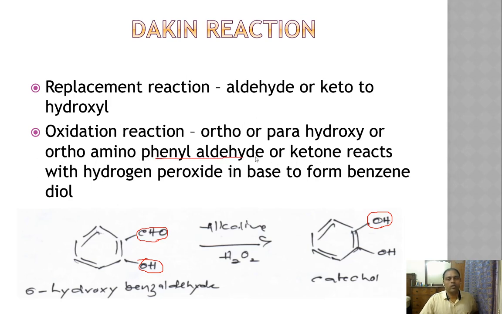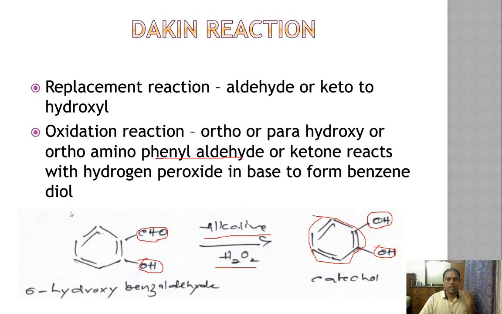Ortho or para hydroxy or ortho amino phenyl aldehyde or ketone reacts with hydrogen peroxide in the presence of alkaline hydrogen peroxide in base to form benzene diol. So this is benzene and you have two alcohols here, so that is called diol. So you're going to get a benzene diol as the product.